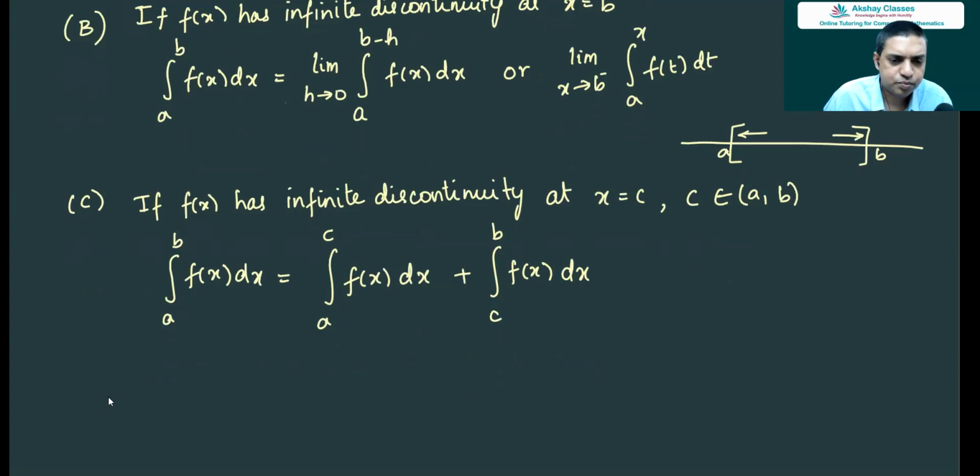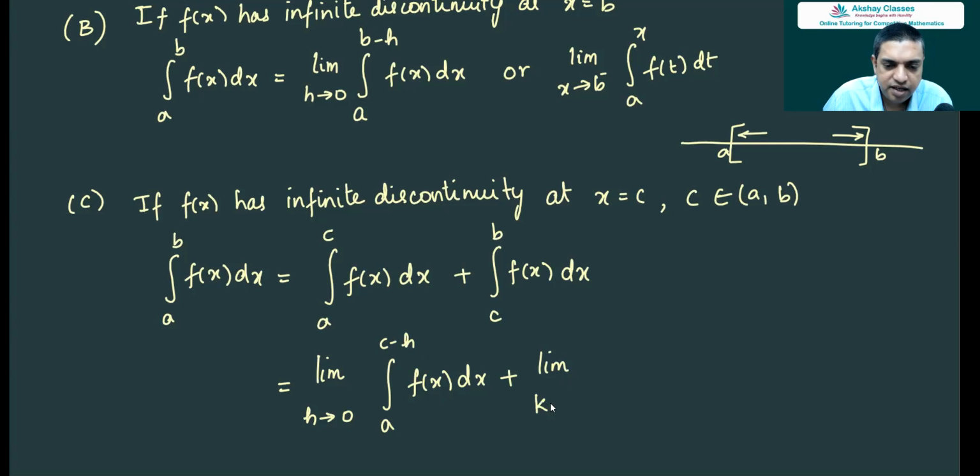Then what do we do? Here we write limit h tending to 0 of integral a to c minus h f of x dx, plus limit k tending to 0 of integral c plus k to b f of x dx.